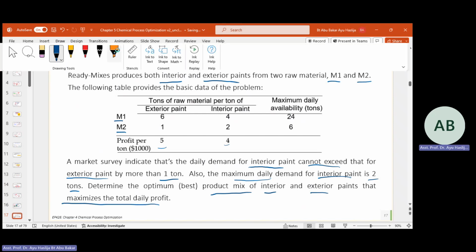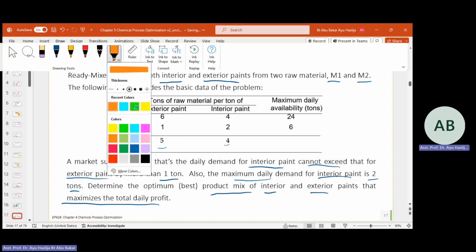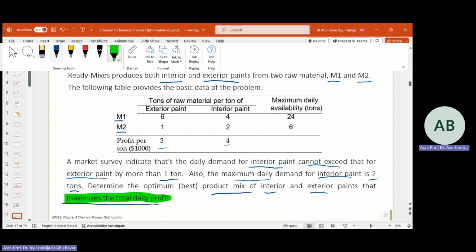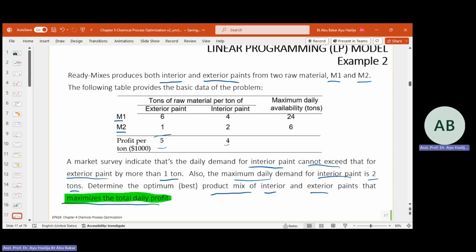So your objective function is what here? Maximize daily profit. So your objective function equation must relate to the profit.